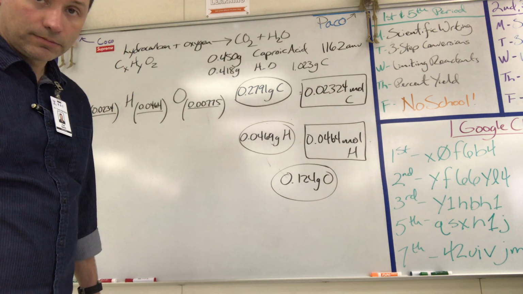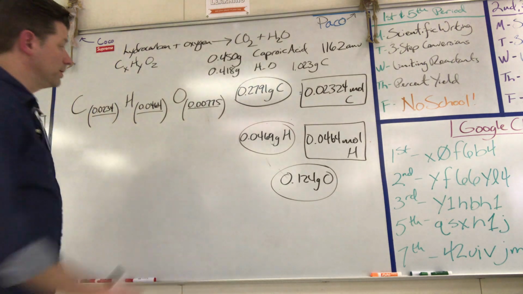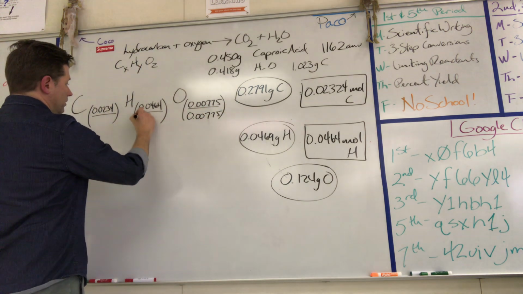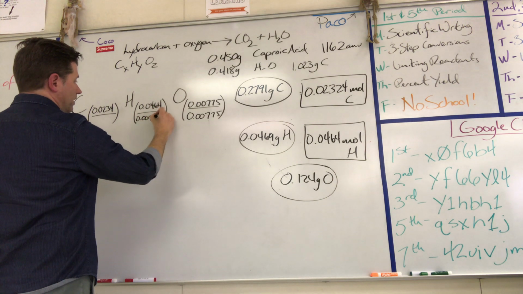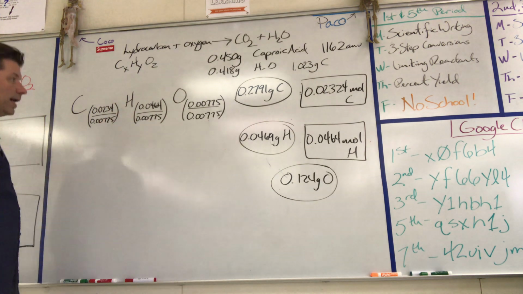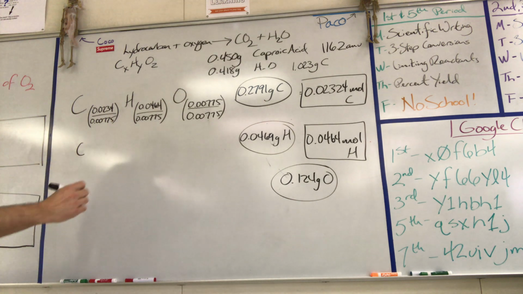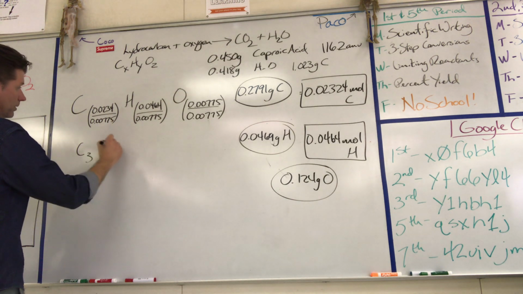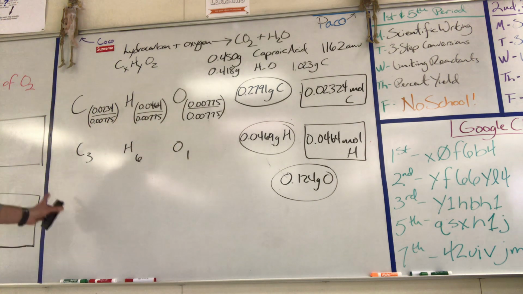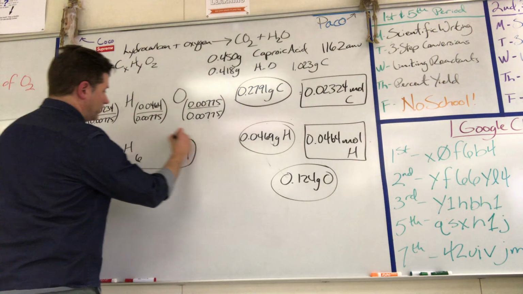Any ideas? You always divide by the smallest, okay? The smallest is going to be this, 0.00775. So that means when you divide them, that's going to be C3H6O1. So there's your empirical formula.